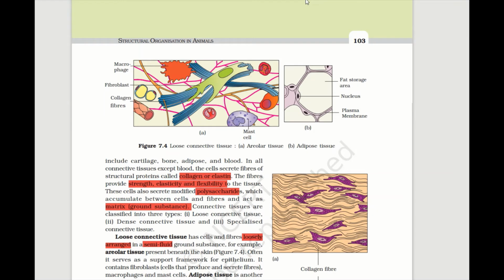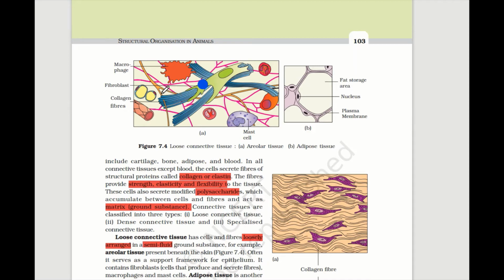This is our diagram for areolar connective tissue. Here you have the fibroblast cell, and here you have the collagen fibers. These are the macrophage cells, which help in eating away foreign particles.